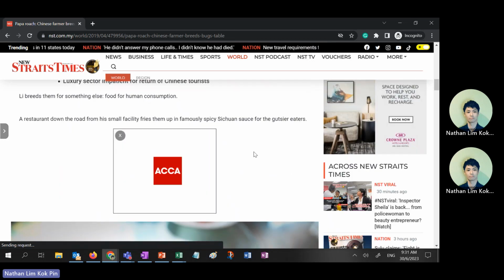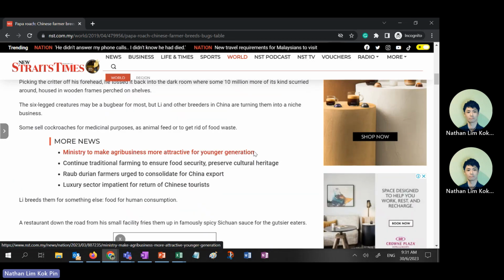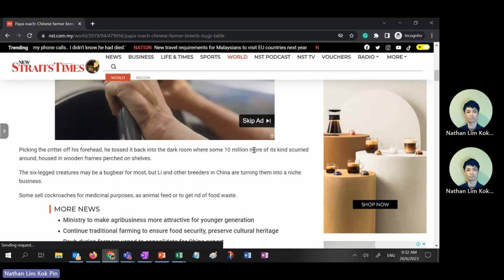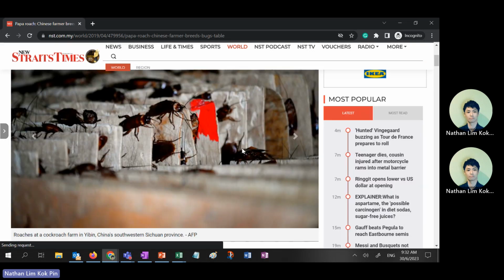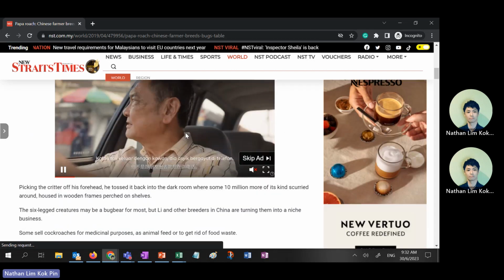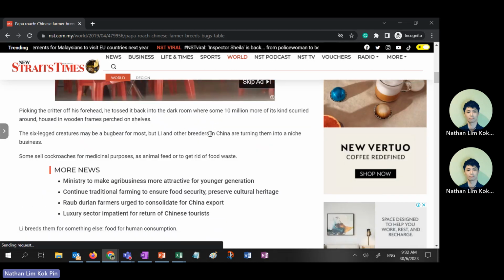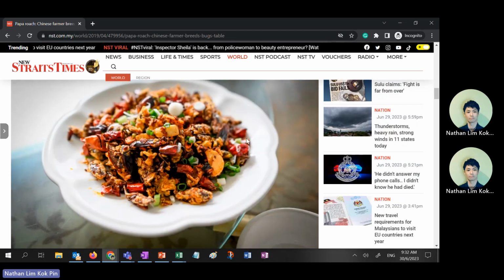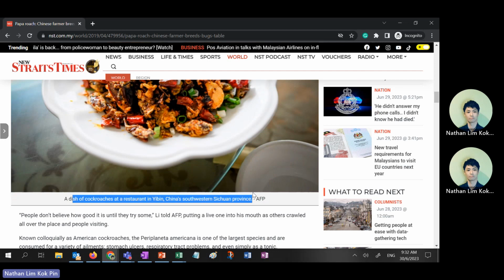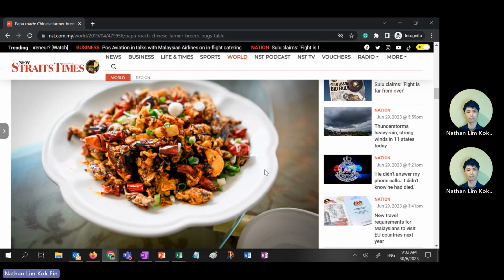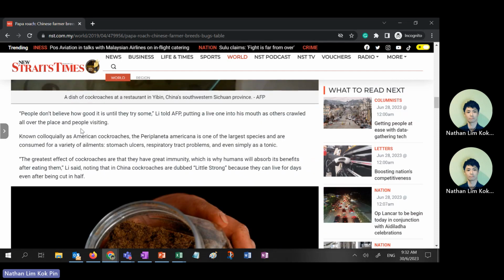So, second thing, what are other characteristics of perfect competition? Many buyers and many sellers. So what's the usefulness of cockroach? First of all, you can use the cockroach for fried Sichuan cockroach style. So you can use it for food. People don't believe how good it is, so it's very popular now. This is the American cockroach.